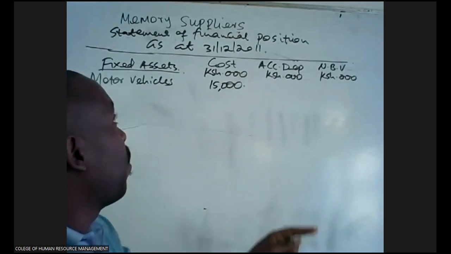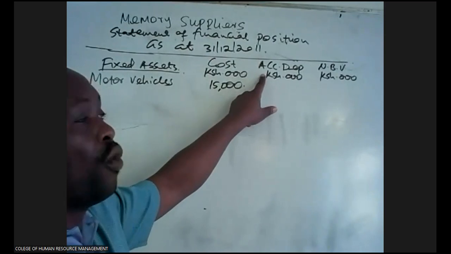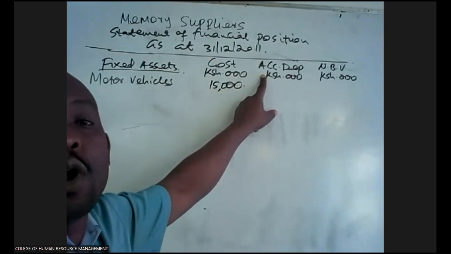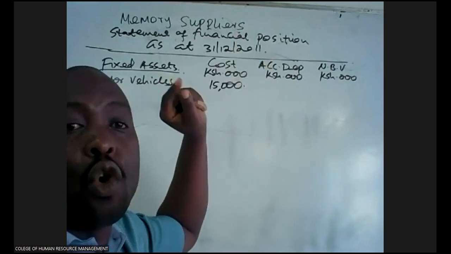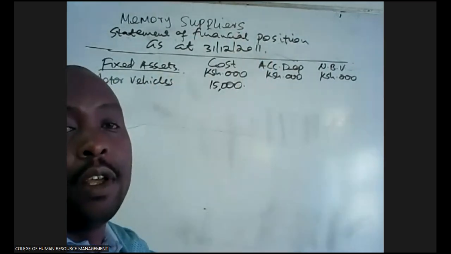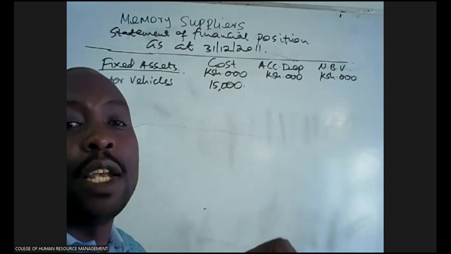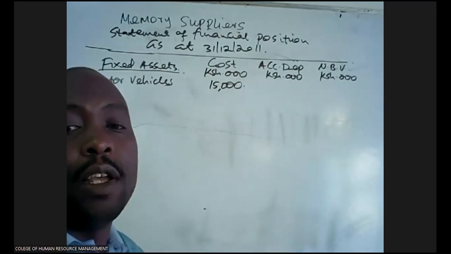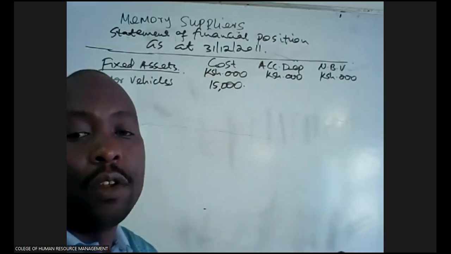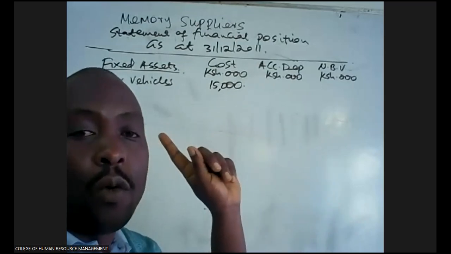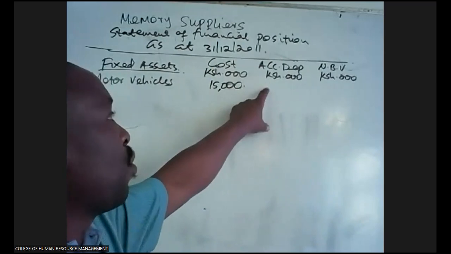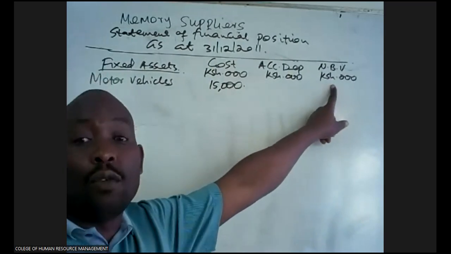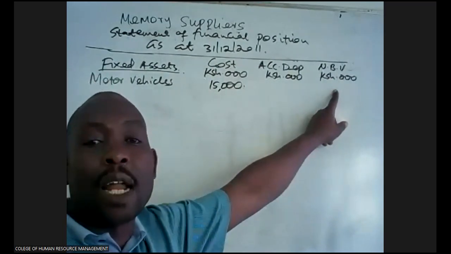When you are doing the statement of financial position and you are looking for the accumulated depreciation, you add the two of them. In the income statement, I've told you, you only use what you have calculated because that is the depreciation for that year, and we are interested in the expenses for that year only. But here in the statement of financial position, you want to know the net book value, the remaining value on that asset.